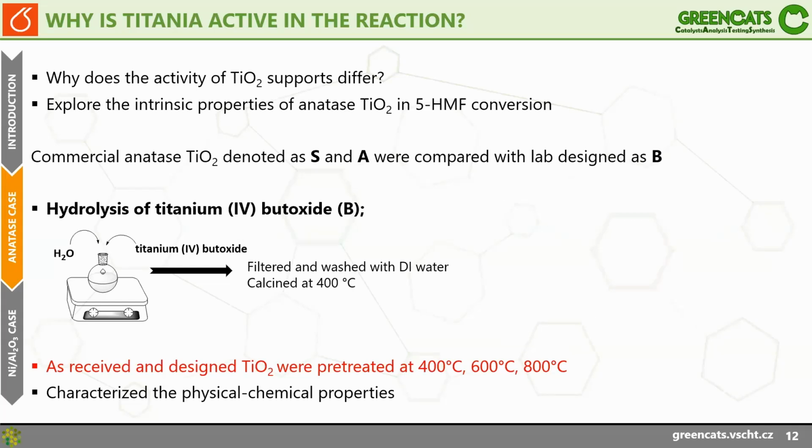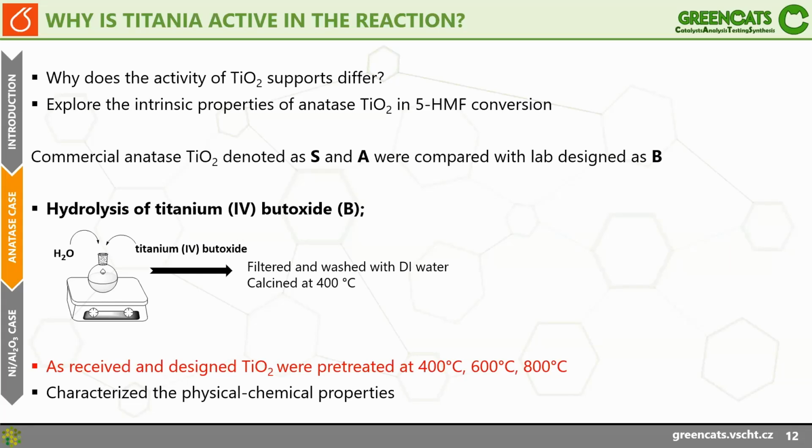The other one is starting with A, I guess for anatase. And the B type was a material that we prepared ourselves in the lab, starting from titanium butoxide. The reason for that was that one of those titania contained a measurable content of sulfur. So we didn't know if that could affect the activity of the material.